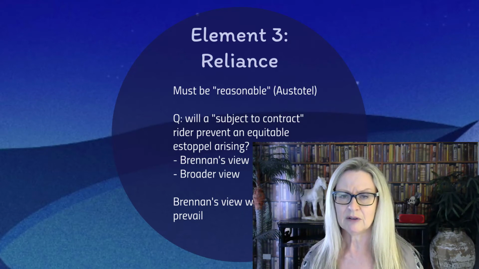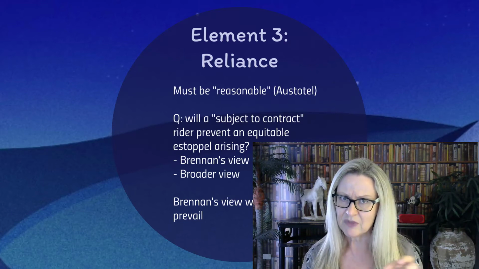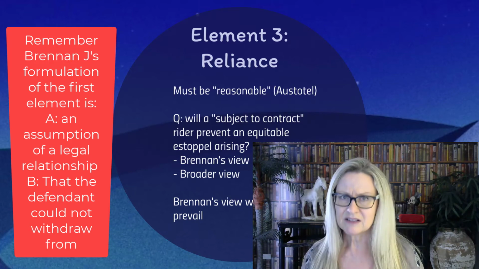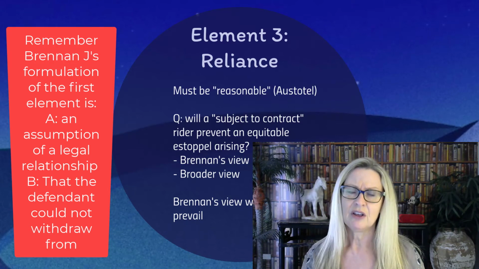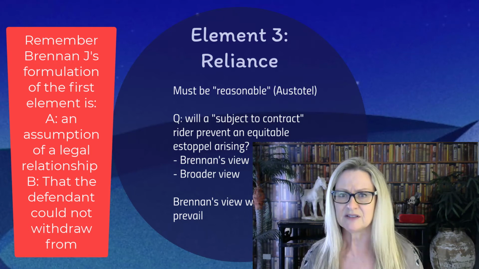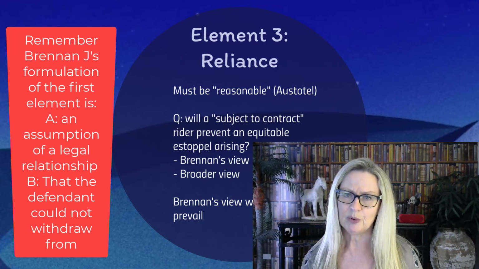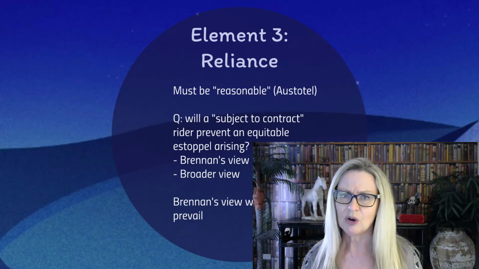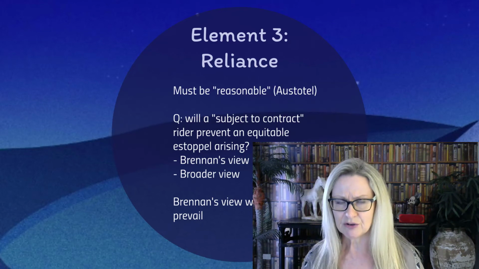Brennan's view, as you can tell, because it's got that second limb there, is that the party that's making the assumption has to actually turn their mind to the fact that they think that the other party can't legally get out of whatever it is that they've represented. And therefore, the notion of estoppel would probably be knocked out by something like one of the parties saying, look, this is all subject to contract.